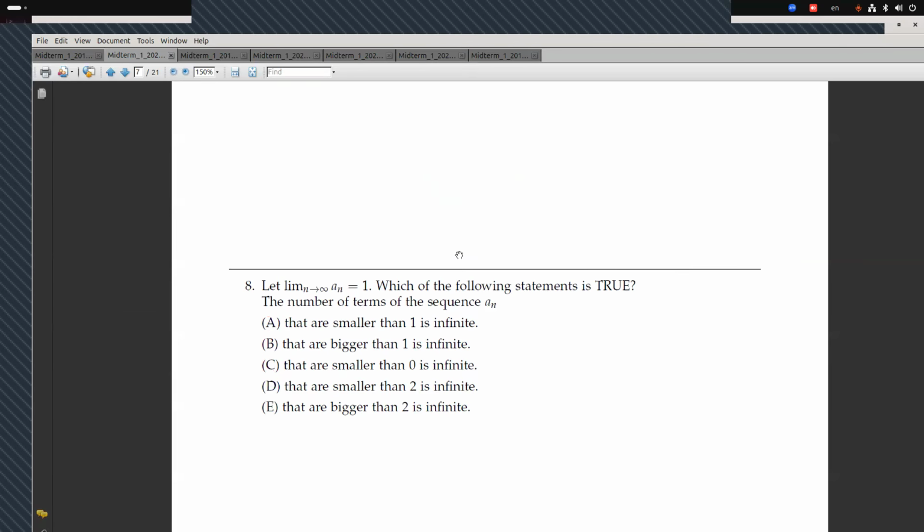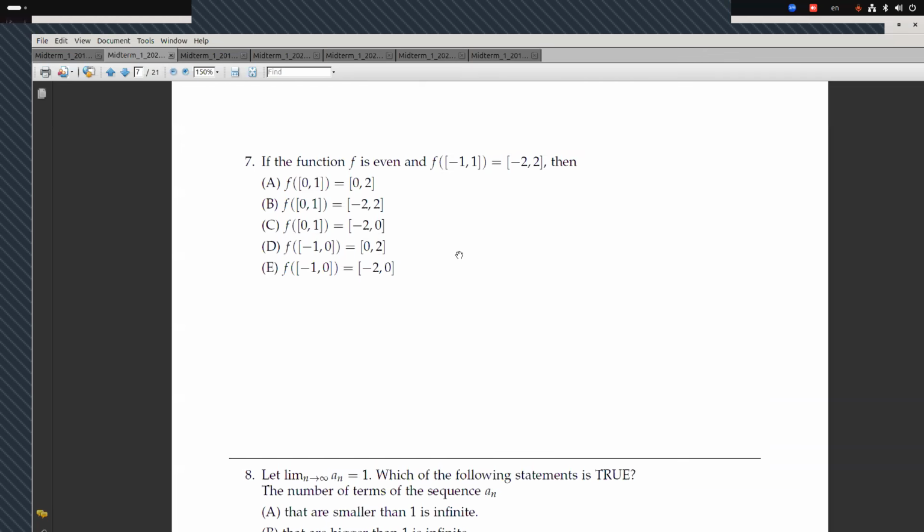Number 7 from the same year. F is even and its image of the interval of -1 to 1 through the function is -2 to 2. What can we say about F on 0 to 1?